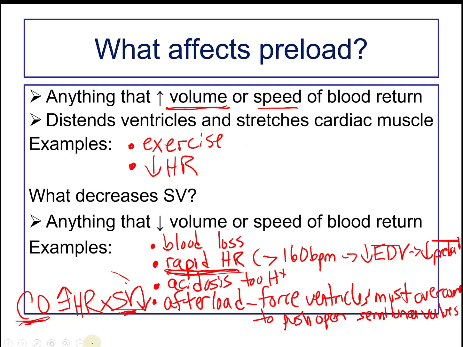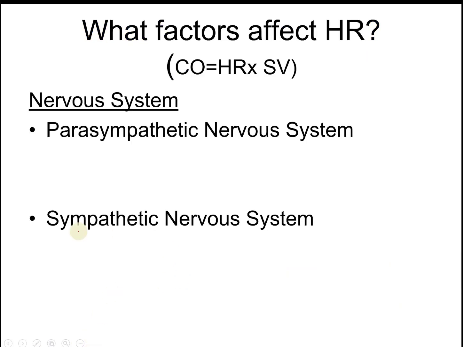But in this formula, cardiac output equals heart rate times stroke volume, we do have heart rate as an issue. Now, really, it's stroke volume that probably controls cardiac output in most people. But this is a good opportunity to just talk about how heart rate is affected by your nervous system. Now, remember, we said that the heart does not need the nervous system to initiate an action potential.